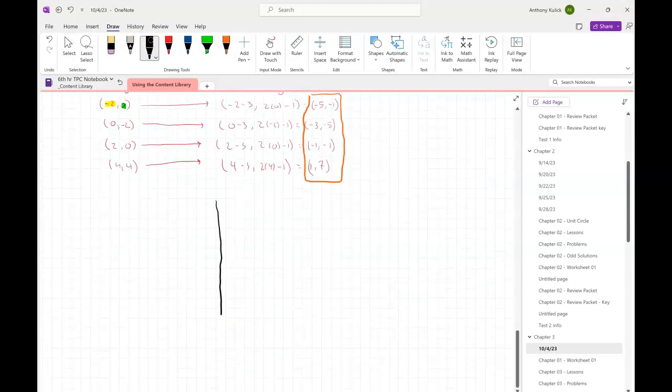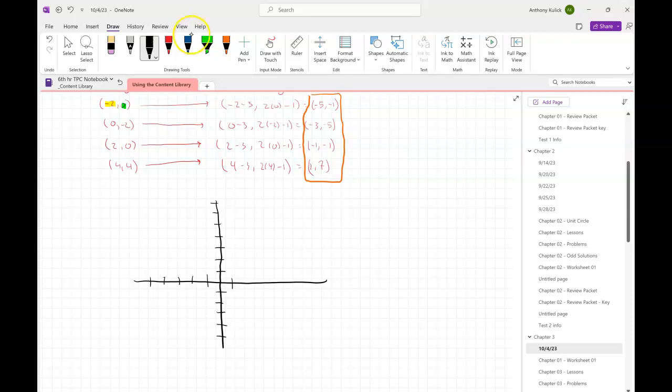So if I were to draw this, 1, 2, 3, 4, 5, 1, 1, 2, 3, 4, 5, 1, 2, 3, 4, 5, 6, 7. So negative 5, negative 1, it's like here.